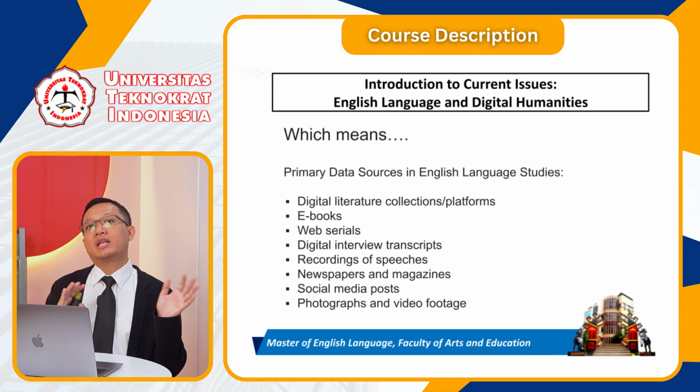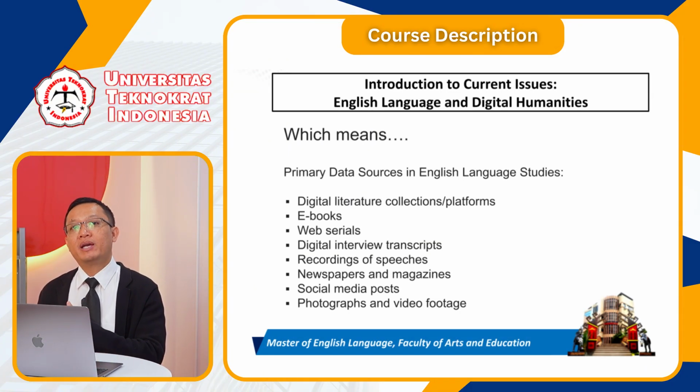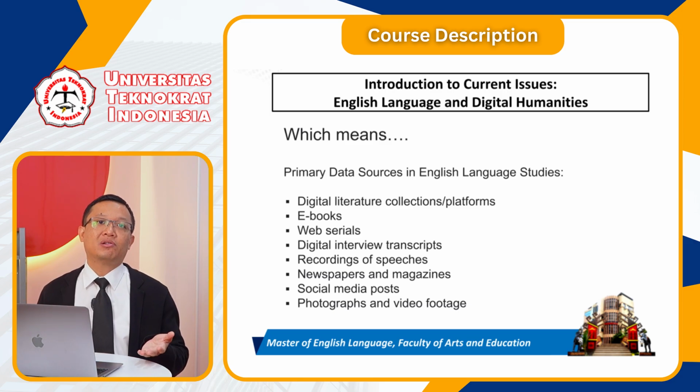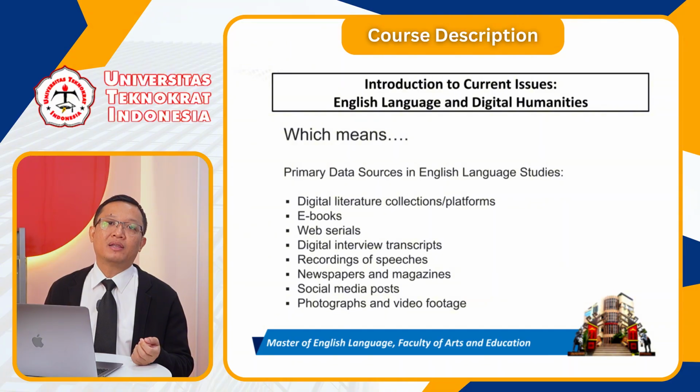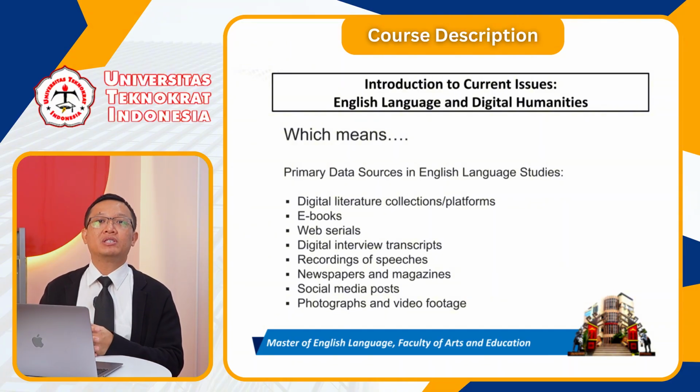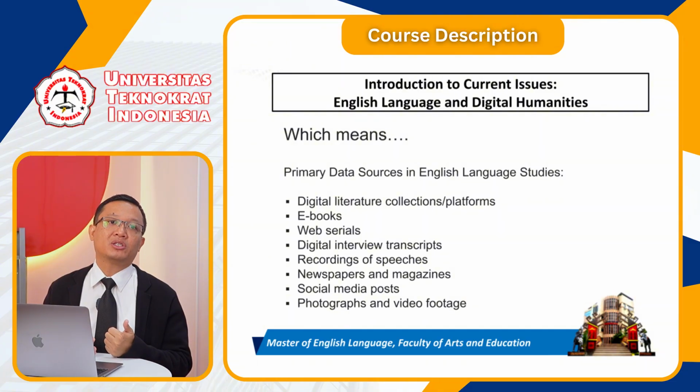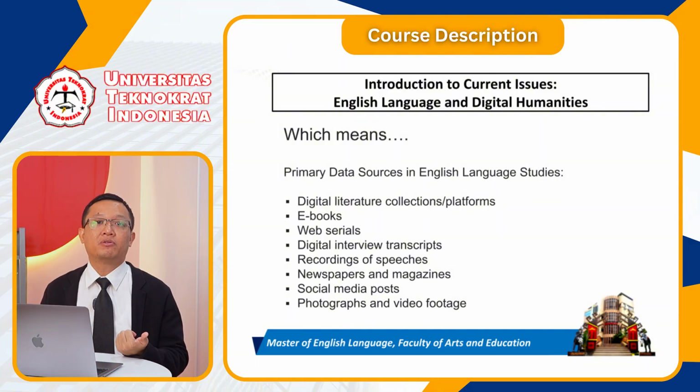Now, you look at this. So involving English language with digital humanities in your studies later on can mean that the primary data source that you will use, especially in relation to your study in the English language department. So basically, you can look at digital literature collections and platforms, many available right now.